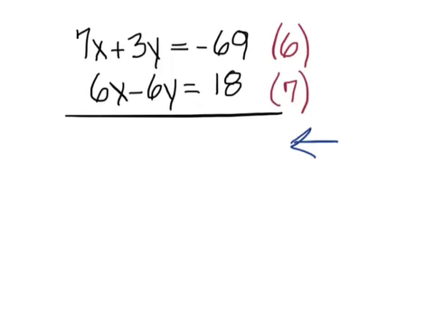So you're multiplying the top by 6, the bottom by 7. So now you have to multiply the top one by 6. What is that equation that you get back when you multiply the first one by 6? Can anybody read it off?